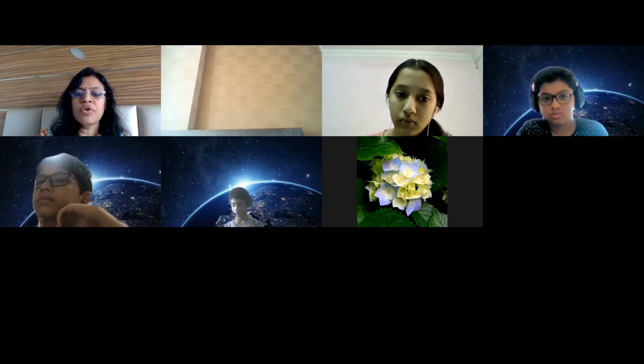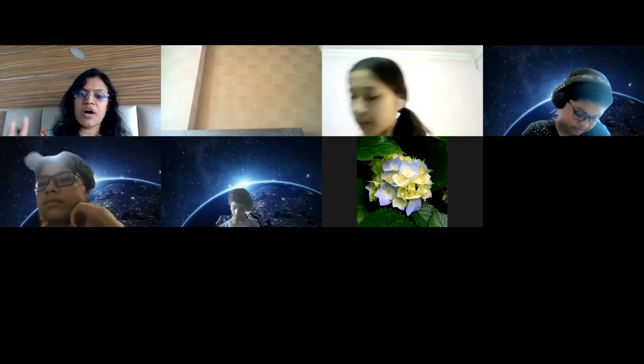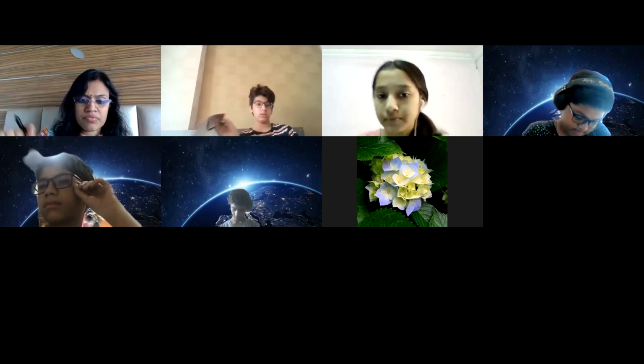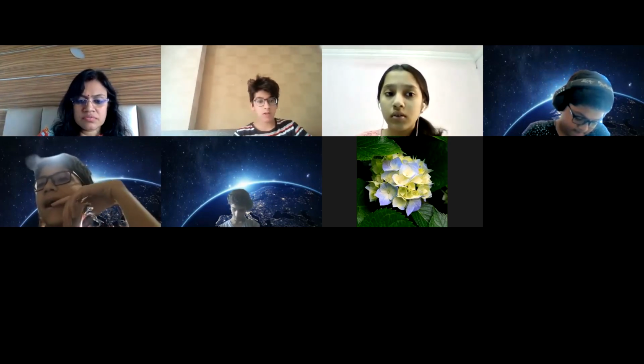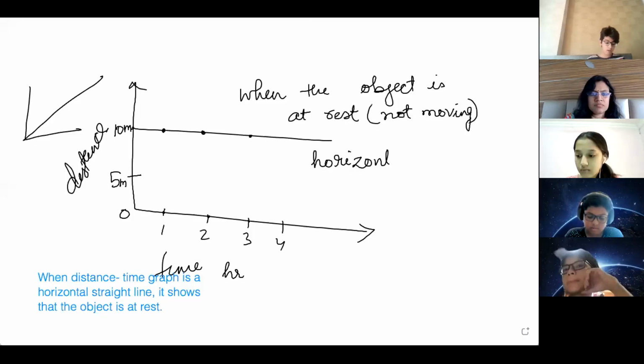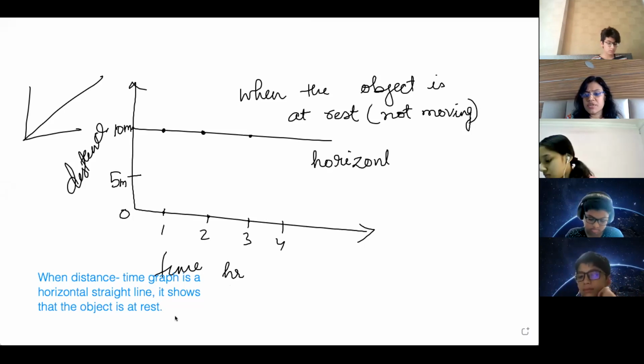So I'm going to give you the summary of distance time graph. That means 3 types of graph you can have. Inclined straight line. You didn't write? Is it still there? Take a screenshot. Just one statement you have to write. When distance time graph is a horizontal straight line, it shows that the object is at rest.